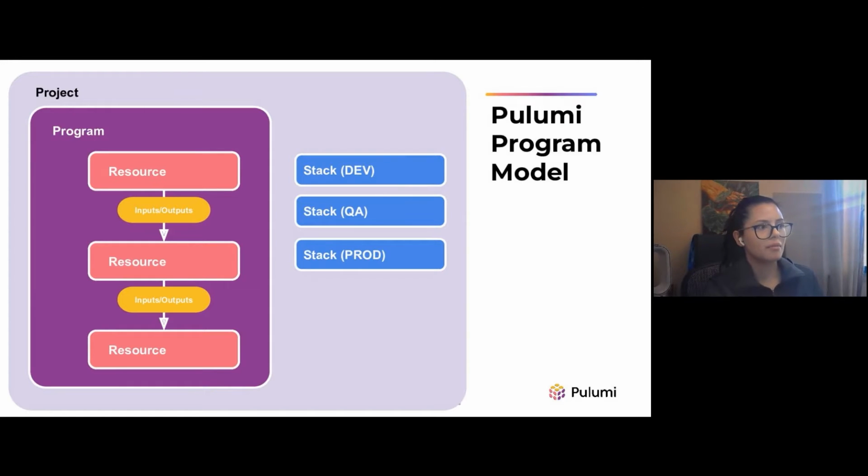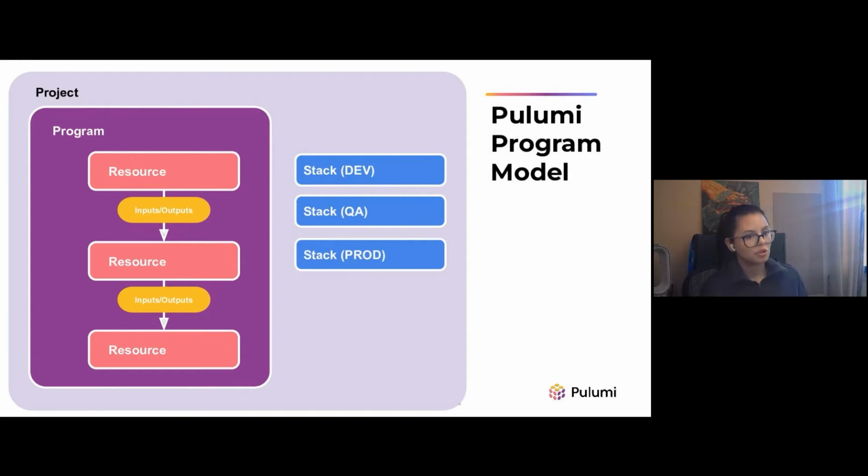In the Pulumi program, what we're going to do is define various cloud resources that we would like. Right? So you can imagine if I want an S3 bucket and I want 2 objects in that S3 bucket, I'm going to go ahead and define these resources in my Pulumi program. In our case, we'll be using TypeScript.